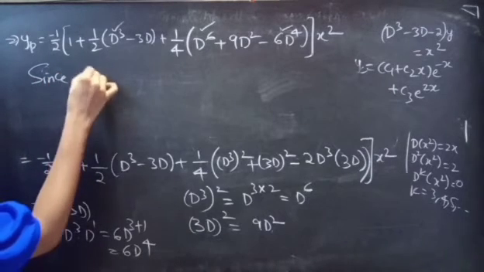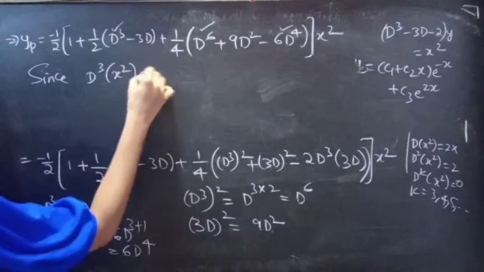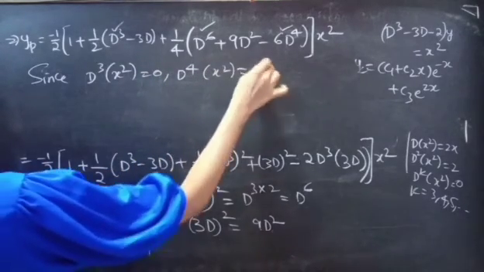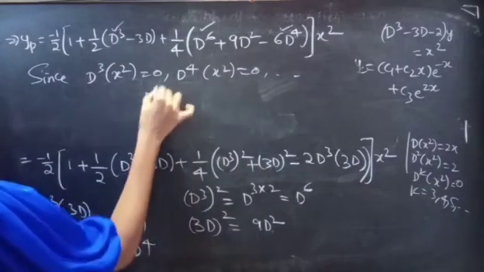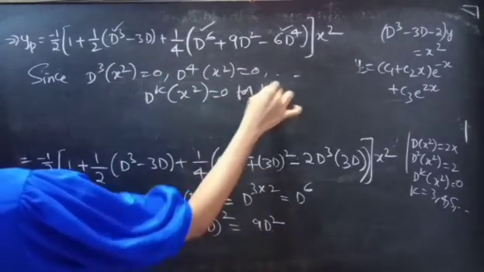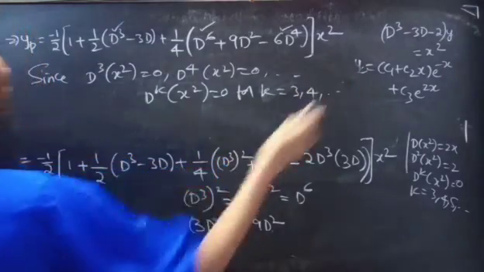Since d cube of x square is 0, d power 4 of x square is 0 and so on, d power k of x square is 0 for k equals 3, 4 and so on, right?